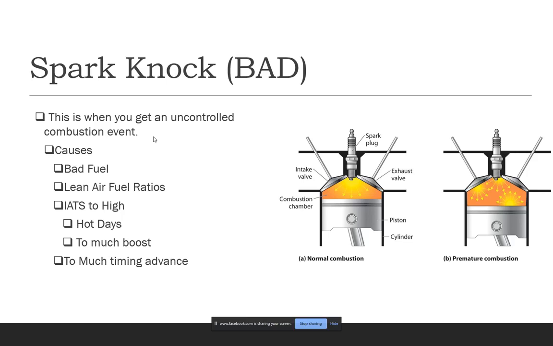That could be caused by a really hot day and you're beating the crap out of the car, or even too much boost. You're trying to run 26 pounds on our little tiny turbos. Or last but not least, can be too much timing advance, which is what I've been dealing with. When we're fighting that a little bit here in California, we tried to pour in some extra timing. My car said, nope, ain't happening. And we had to back it off a little bit or turn the water methanol on.